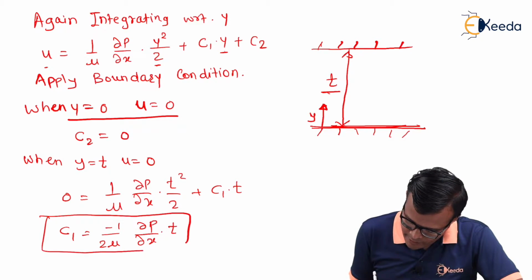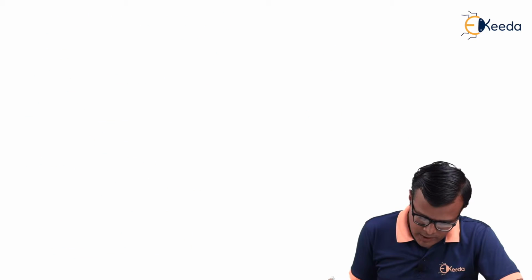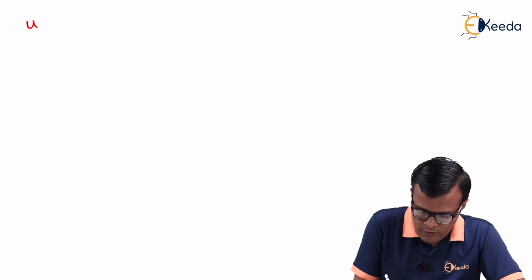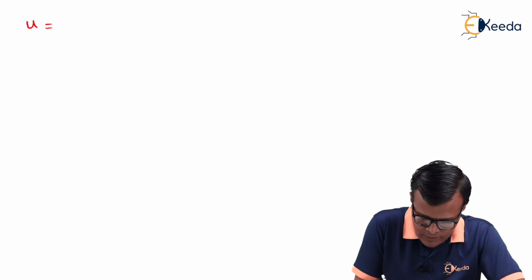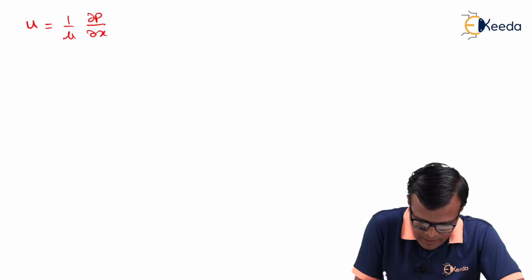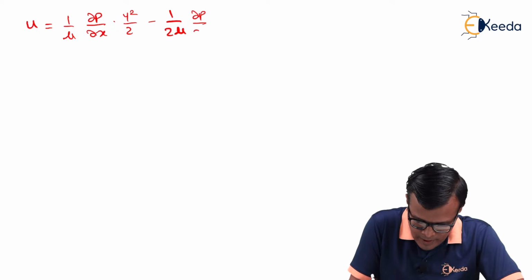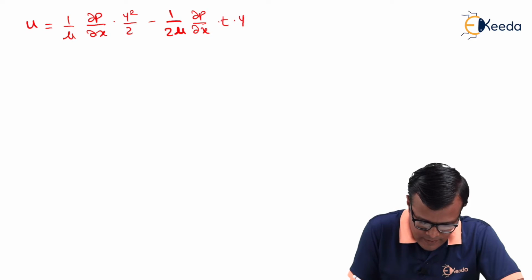For further calculations, we will put the value of c1 in the equation. So the equation for velocity u will become 1 upon mu delta p by delta x into y square upon 2, minus 1 upon 2 mu delta p by delta x into t into y.